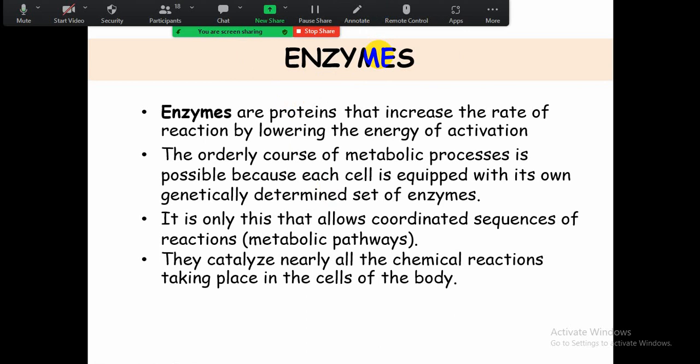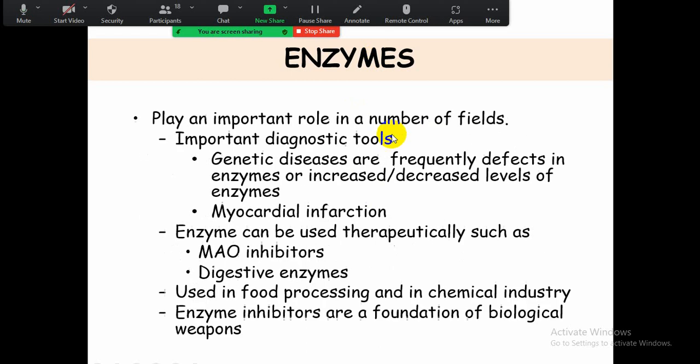Enzymes catalyze nearly all chemical reactions taking place in the cells of our bodies. Okay, so I will explain with diagrams. Enzymes also play an important role in a number of fields.